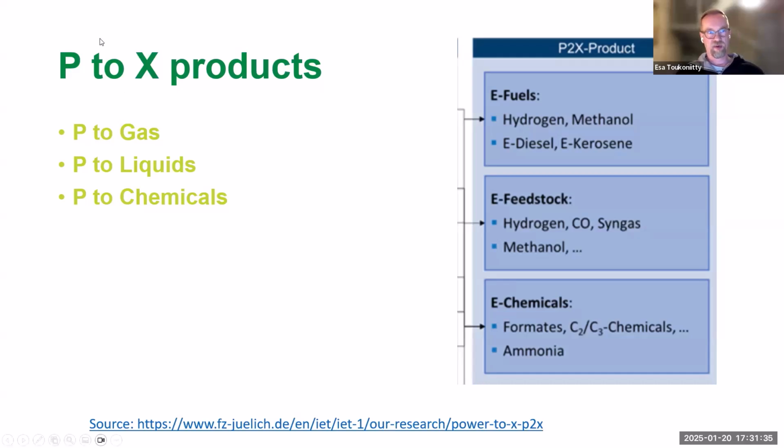And this power to X approach offers an alternative that in principle could use something else than fossil-based raw materials. And these are those that we discussed already. So water or green hydrogen from electrolysis of water, and captured carbon dioxide from different sources.